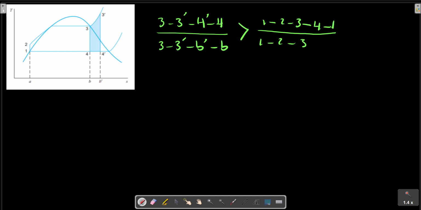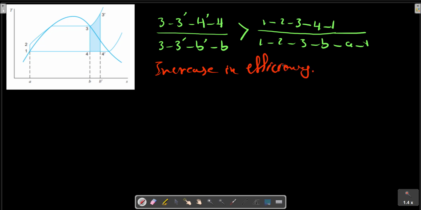Consider this picture: we have an increase in 3 prime, 4 prime, 4 on the 3 prime, B prime.